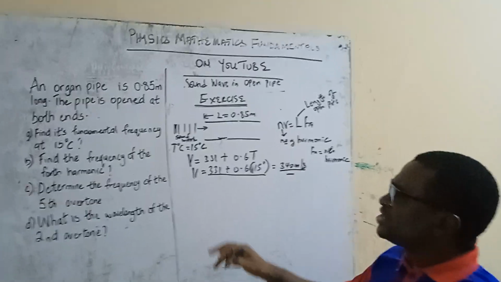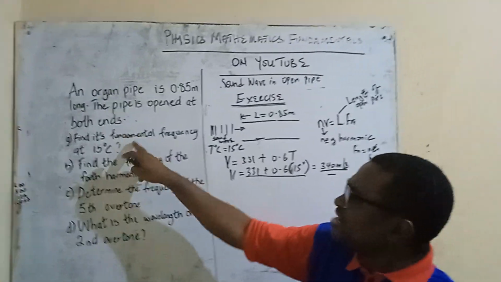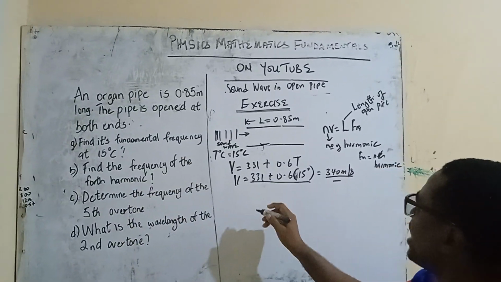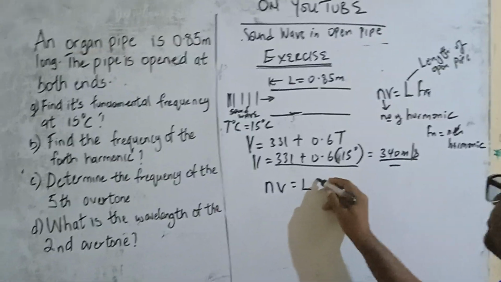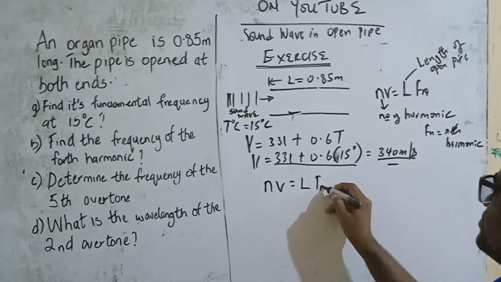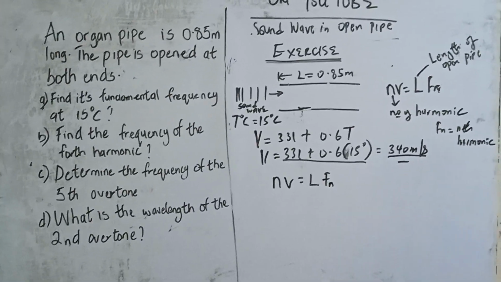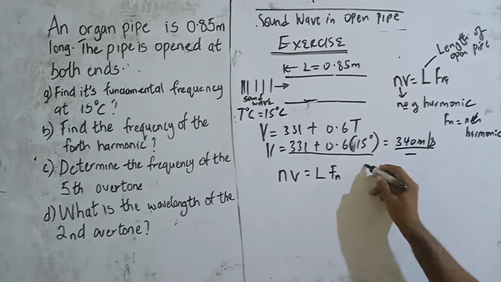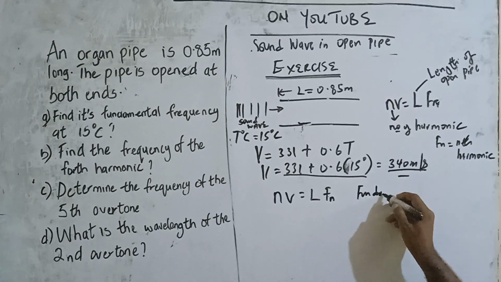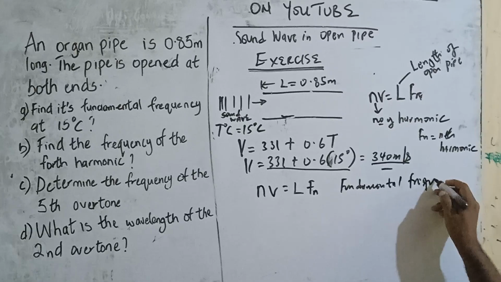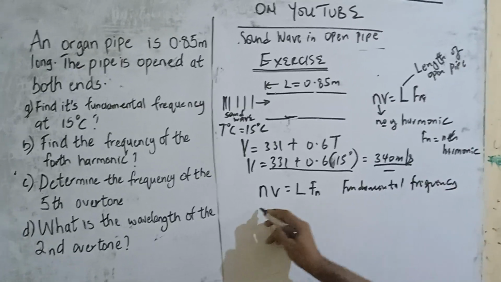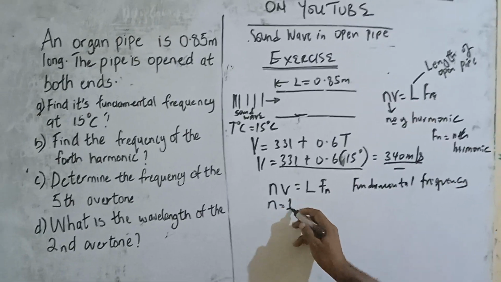Now the first question says find its fundamental frequency. From this expression, nV is equal to 2L Fn. For the fundamental frequency, the value of the harmonic is 1, that is n is 1.